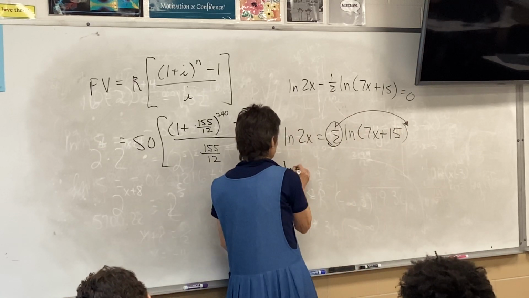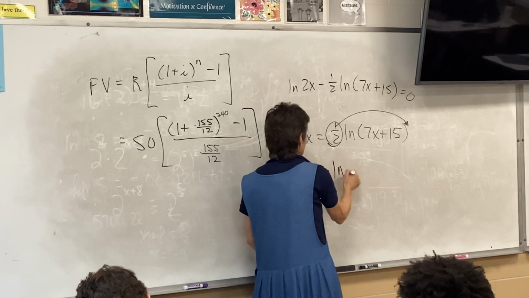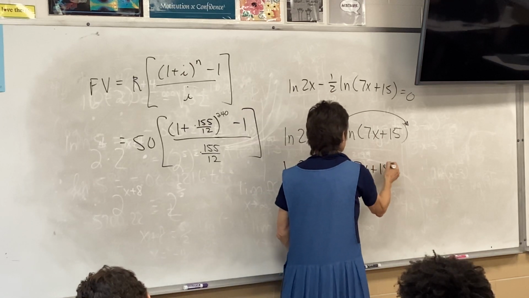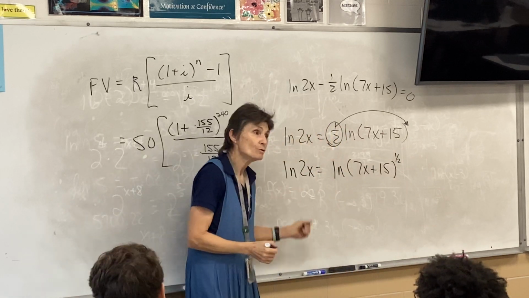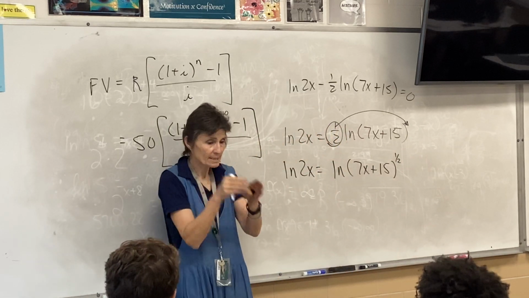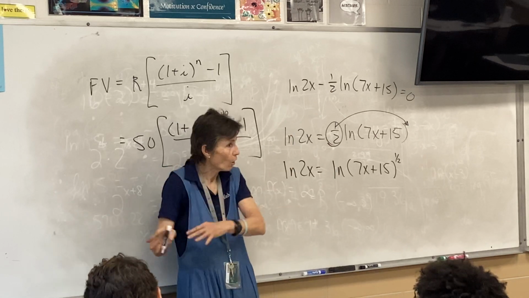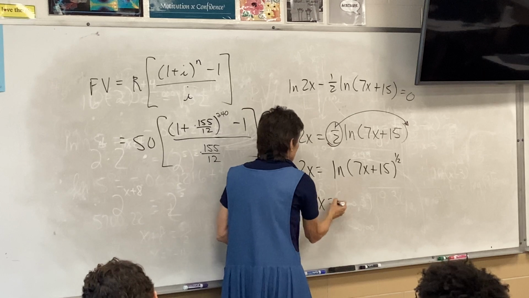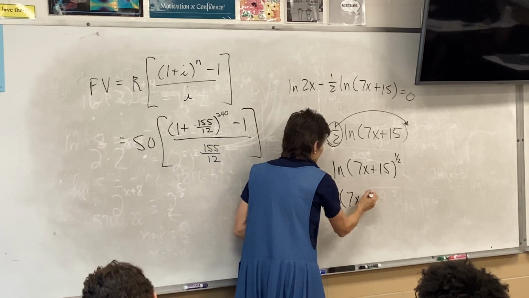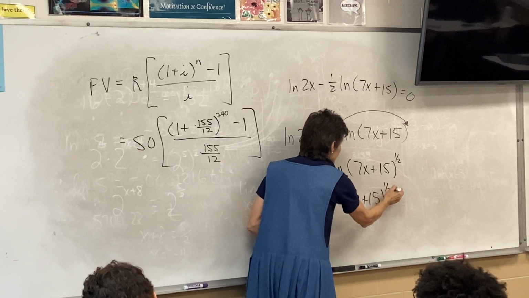So ln 2x equals ln (7x plus 15) to the 1/2. As soon as you get ln equals ln, or log equals log, you can drop them out. And now we have an equation to solve.